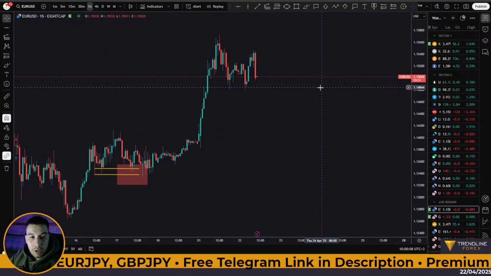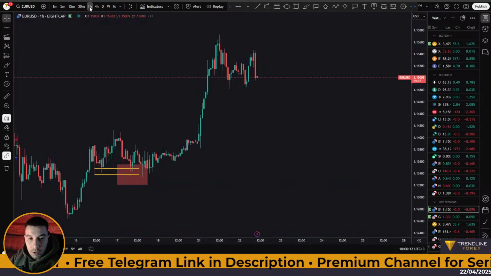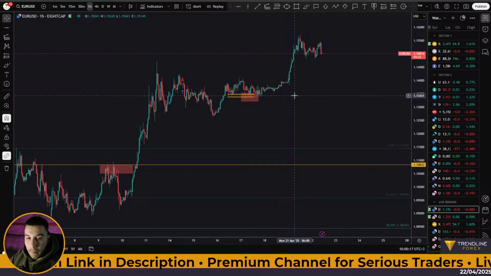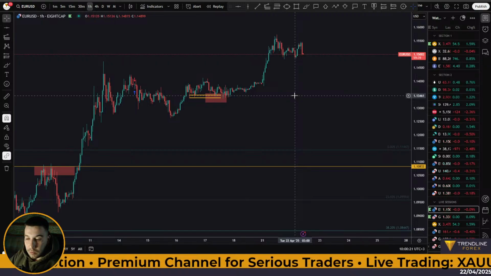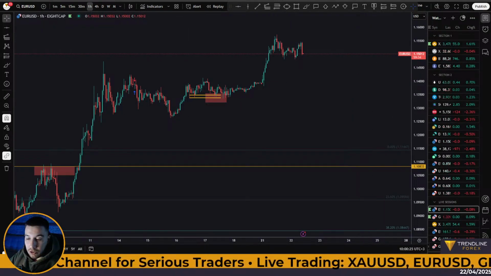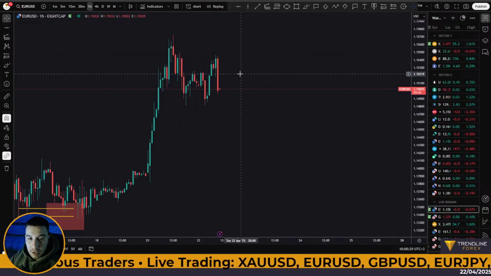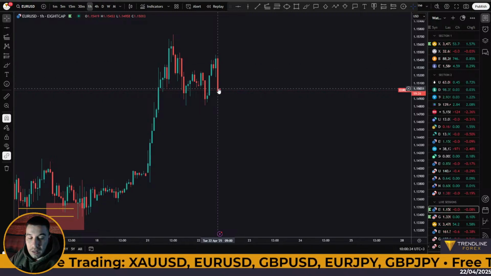But what do we got here? Now I'm looking at the 1 hour time frame, and it obviously looks like euro dollar is bullish, right? And this is something that we talked about last week as well. An upside continuation here on euro dollar. Now the thing is, I'm looking at the 1 hour time frame, and we've got a really strong momentum to the downside.